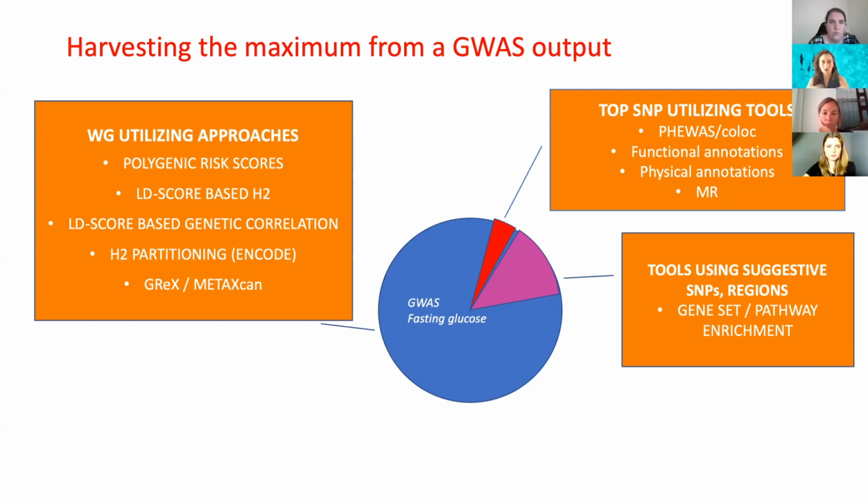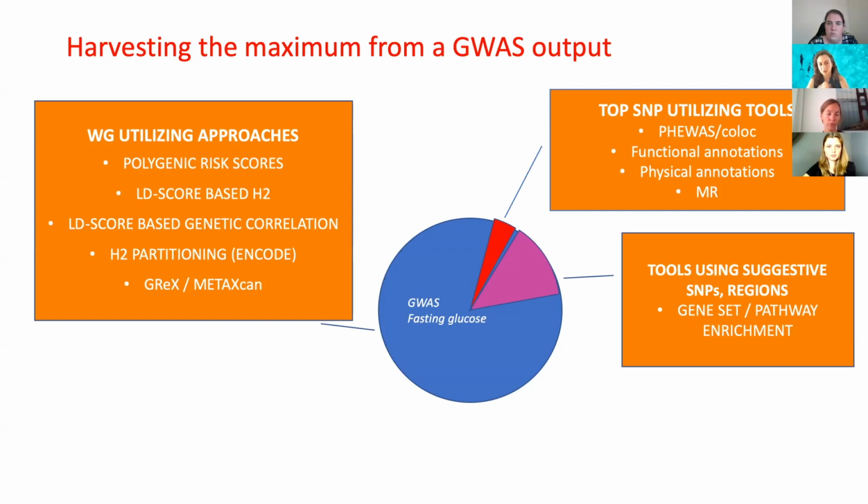Or there are tools which actually utilize the whole genome, which makes it possible to test, for example, genome-wide SNP-based heritability, which is a different measure of heritability than twin-based or pedigree-based.